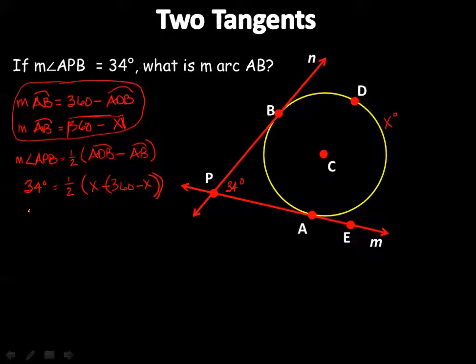Okay, so now I want to get rid of that half, so I'm multiplying both sides by 2. And remember, these reduce to 1, so it just kind of disappears. So I have 68 equals x minus 360 minus x, with my little parentheses. Now you've got to remember from algebra that anytime you have a negative in front of your parentheses, that means you're multiplying everything in the parentheses by -1.